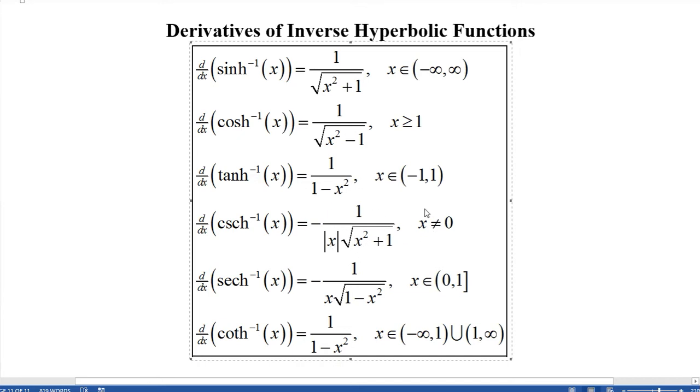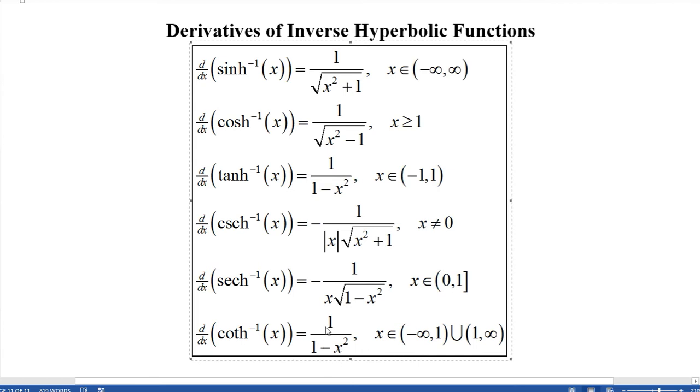This is defined everywhere except when x is 0. The derivative of hyperbolic secant inverse of x is minus 1 over x times the square root of 1 minus x squared for x going from 0 to 1. And the derivative of inverse hyperbolic cotangent of x is 1 over 1 minus x squared, and this is defined for x going from negative infinity to negative 1, union 1 to infinity.